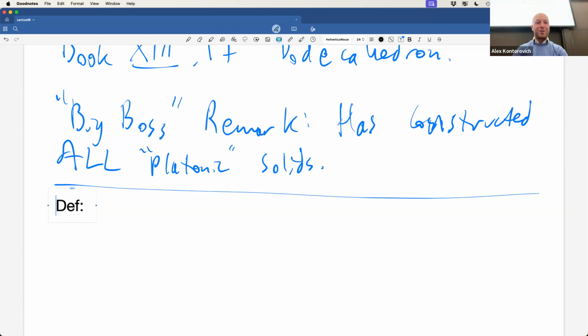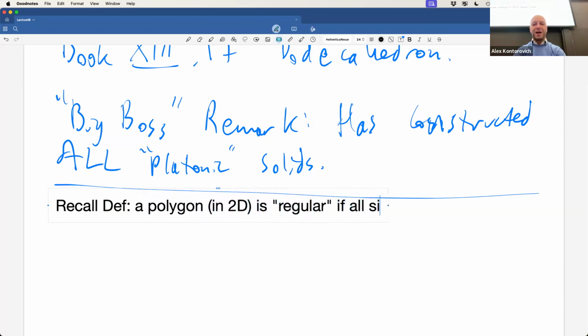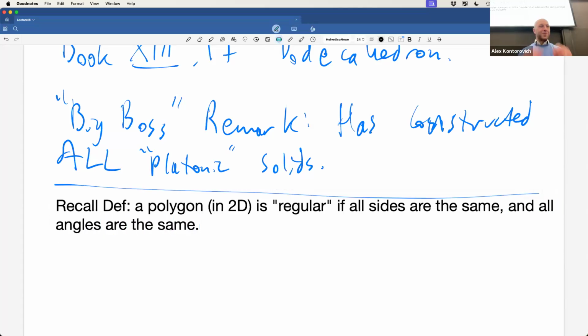So recall the definition: a polygon in 2D is regular if all sides are the same and all angles are the same. So that's why it's got such a nice shape to it.